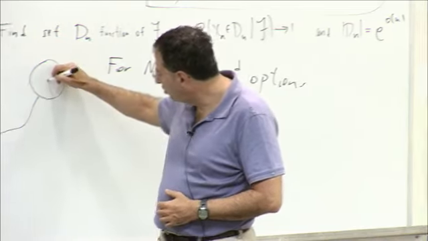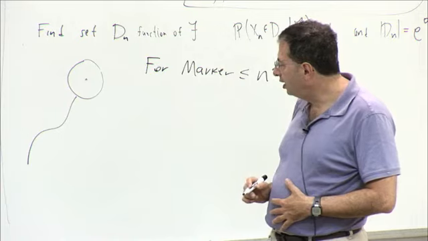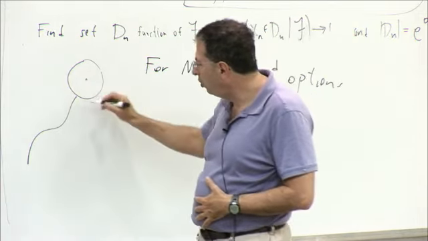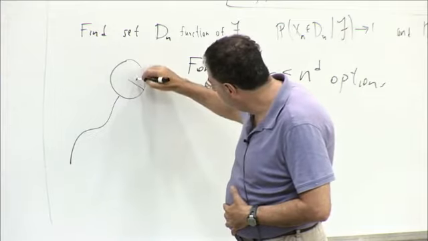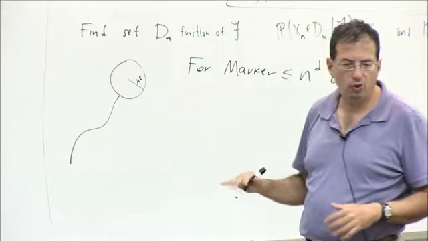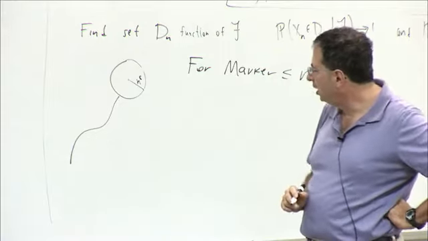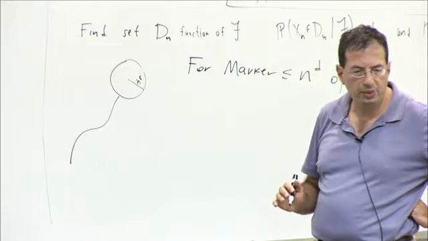So suppose we know where the marker is. Then her idea is to take a ball around the marker of radius n to the epsilon. Epsilon is just going to be small, it won't matter exactly. And let's enumerate over all the possible settings of the lamps.